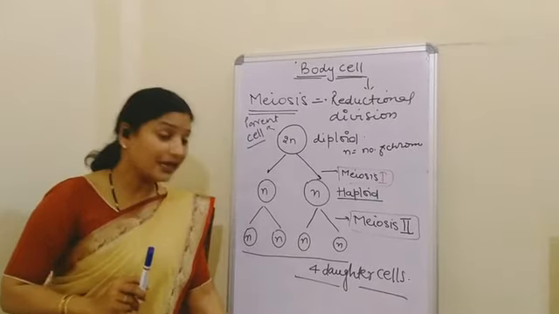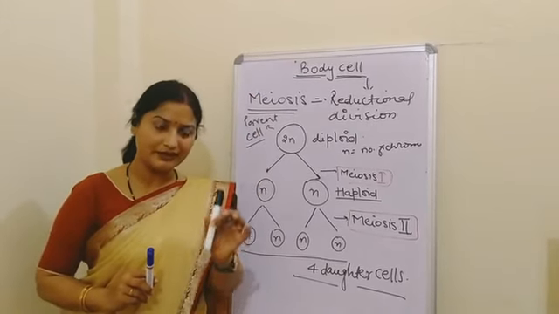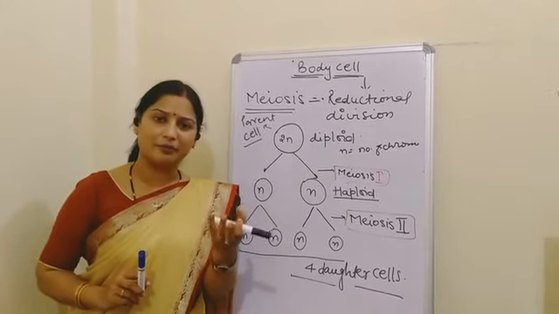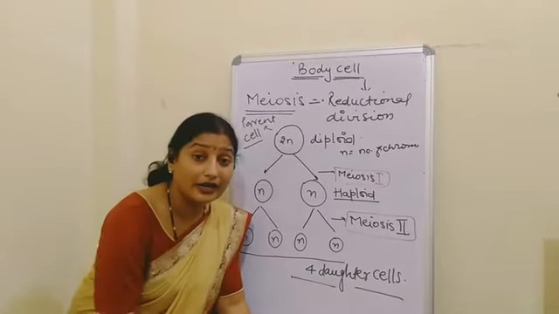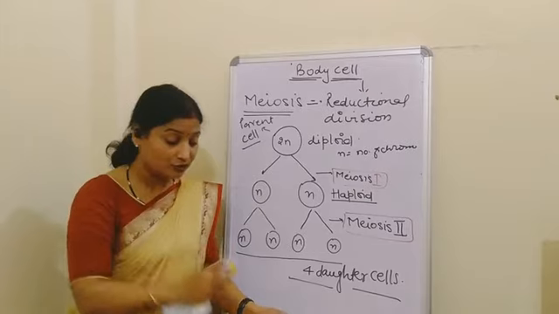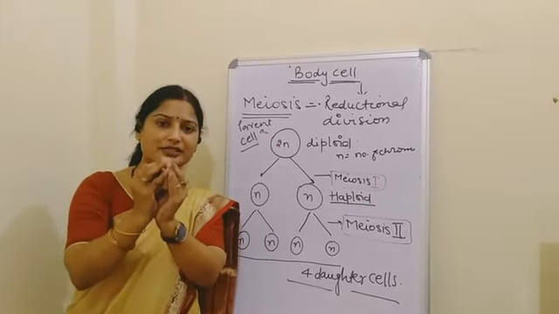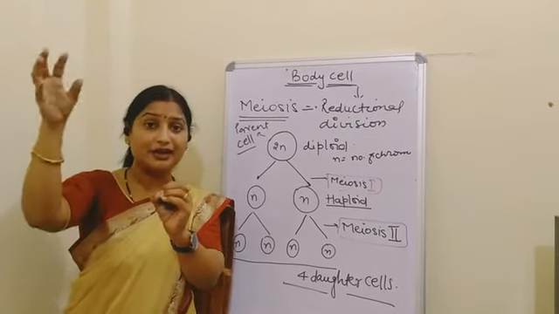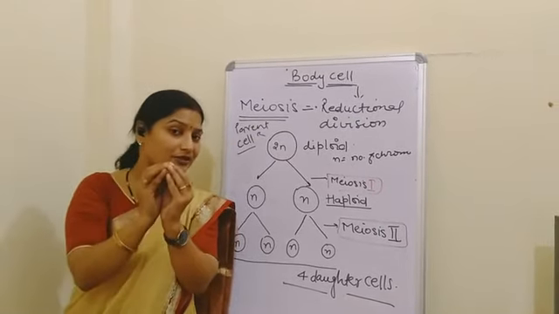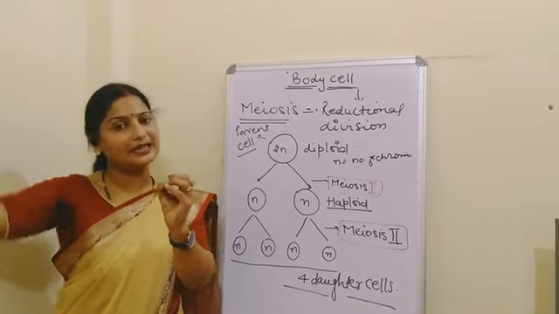Suppose the father has 23 pairs of chromosomes, that is, sperms have 23 pairs of chromosomes. Suppose the ovum also contains 23 pairs of chromosomes, and they fuse to form the zygote. Now what is the zygote? Zygote is the first stage of a baby. When the two cells fuse together, they form the zygote. Zygote develops to form embryo, then fetus, and then the baby.